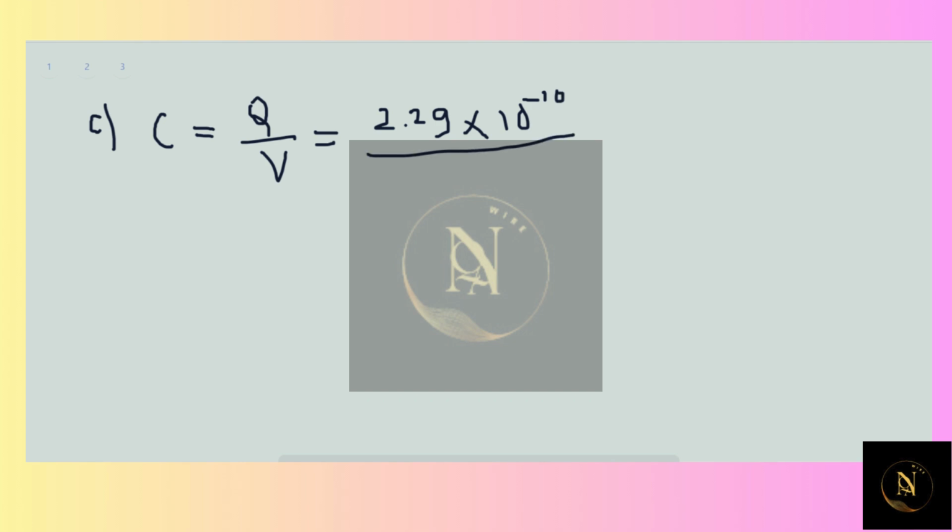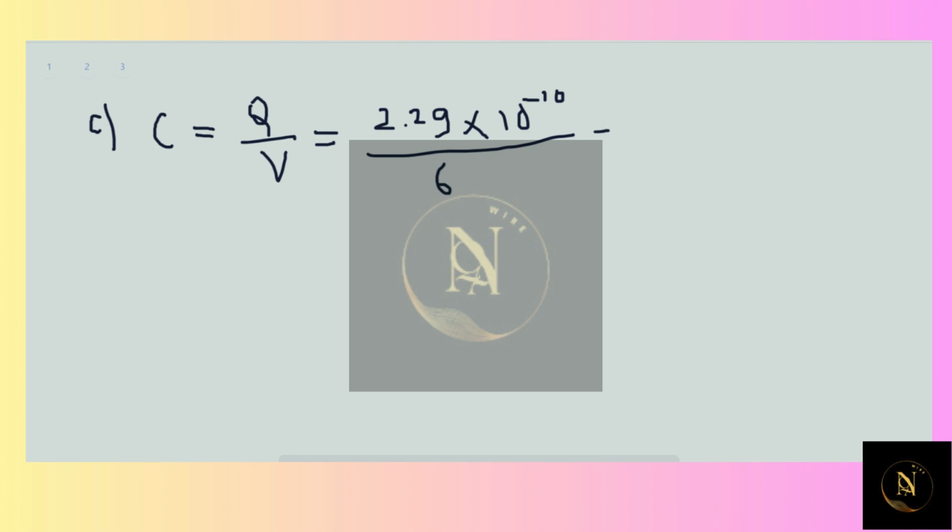Moving to part C of the problem, where we are asked to find the capacitance of the cylindrical capacitor between the core and the shell. Since capacitance C is given by Q over V, and we have already found the charge on the capacitor in the previous part, which is 2.29 times 10 raised to negative 10 coulomb, divided by the potential, which is 6 volts.